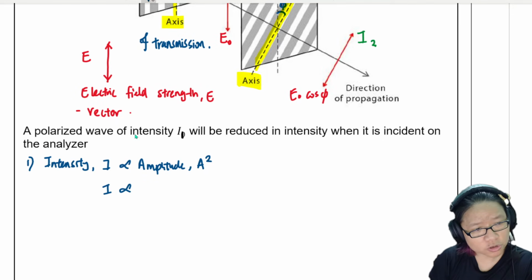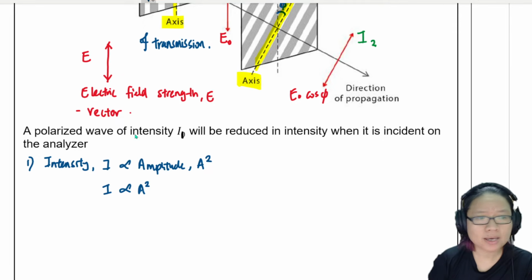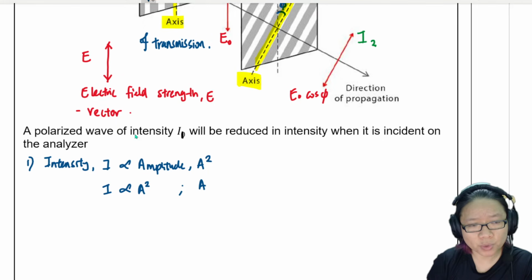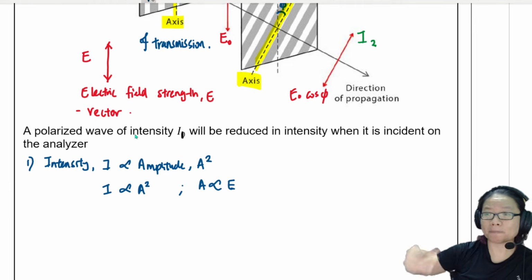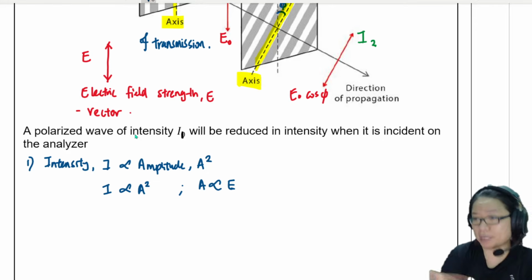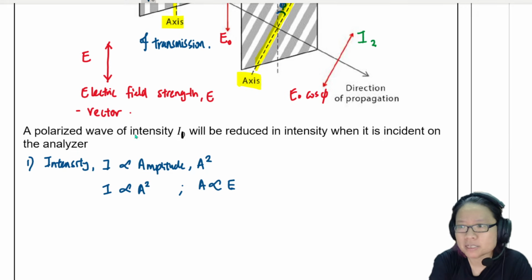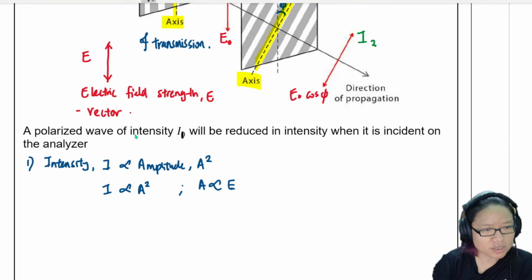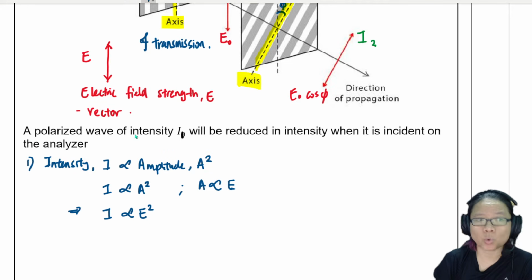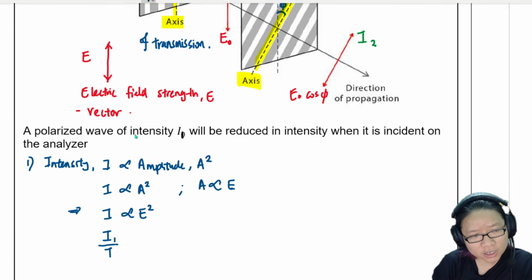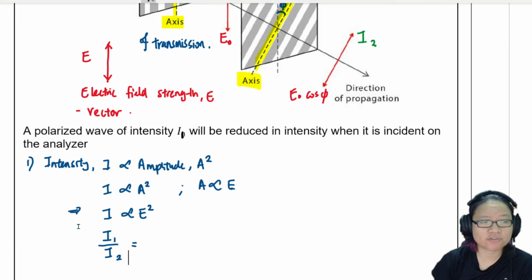But also, the amplitude of the wave is proportional to the electric field strength, because we draw the electric field like a wave, so the peak of the electric field is the peak of the wave. It's not the same, but it's proportional. Because of this, I can say the intensity is proportional to the electric field strength squared. So then I can say I1 over I2. What is the electric field of I1?